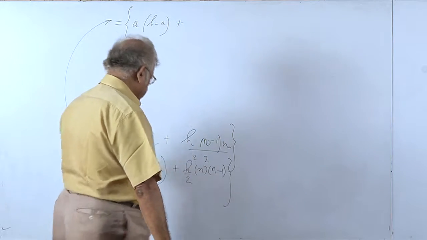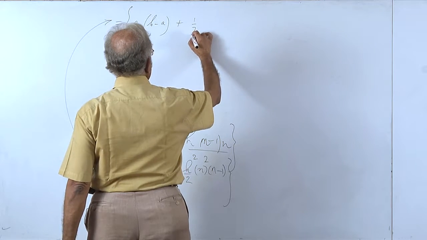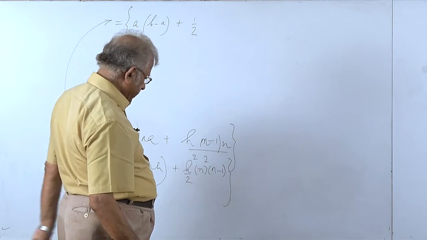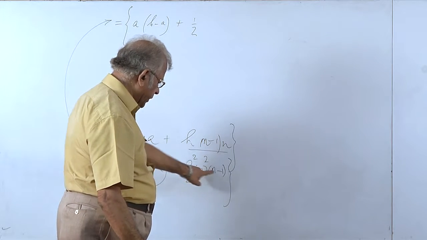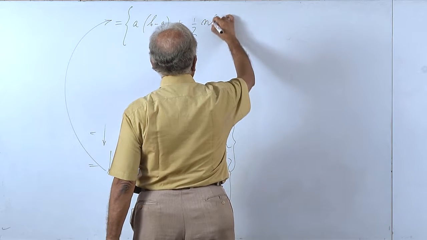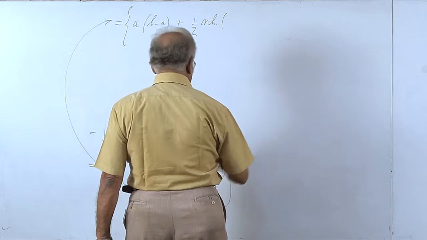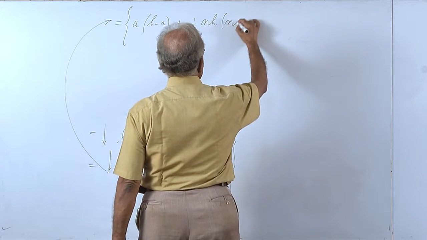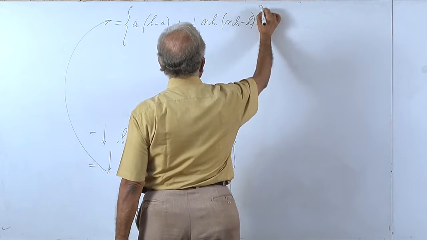So h squared, and there is a half, so we write the half here. And the h square, we put one h along with this n, the other h with n minus 1. So we write nh and nh minus h. And close the bracket.